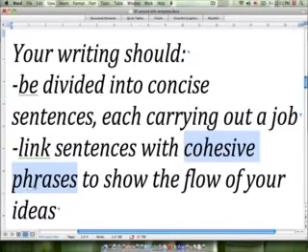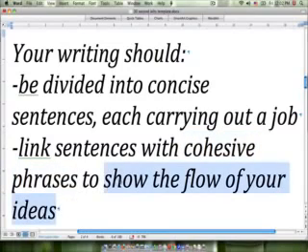Linking sentences in this manner will show the flow of your ideas. So overall, what you need to do is you need to write concise sentences and you need to link them with cohesive phrases.